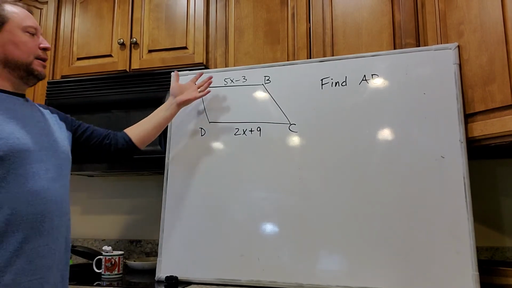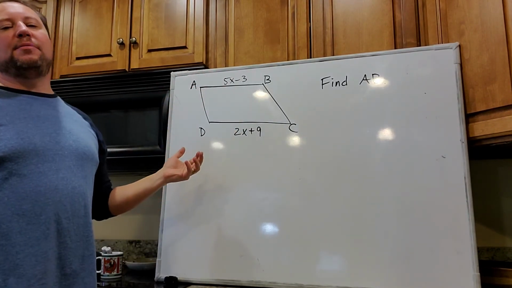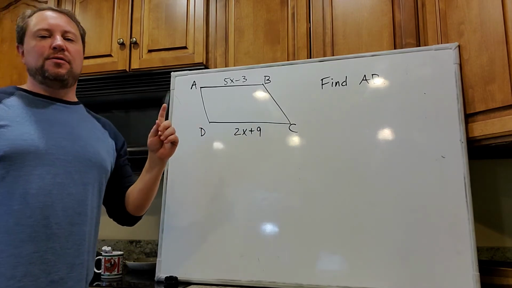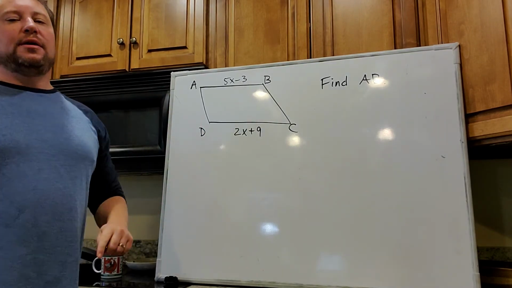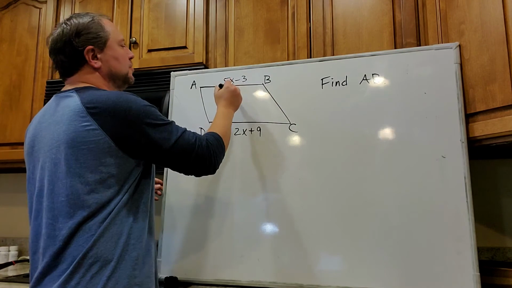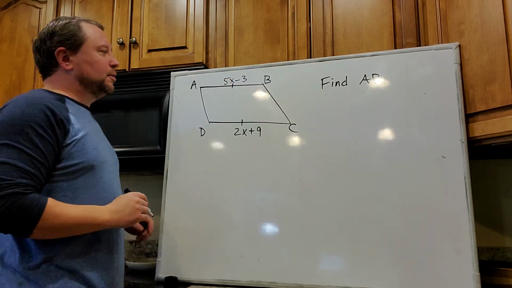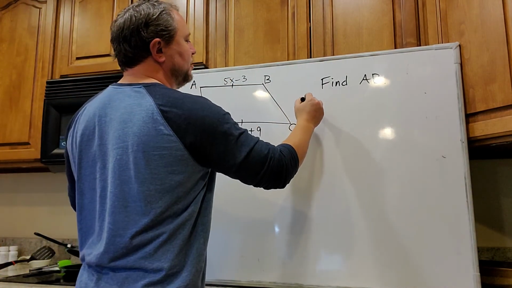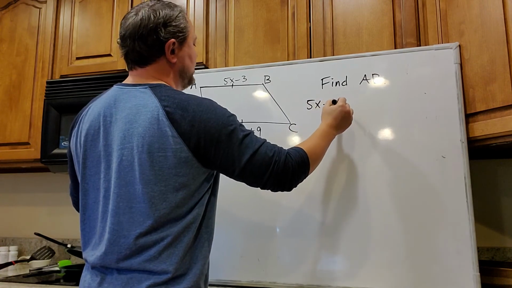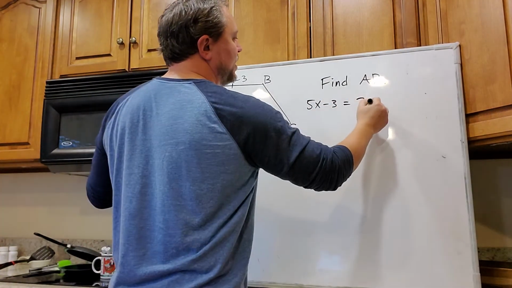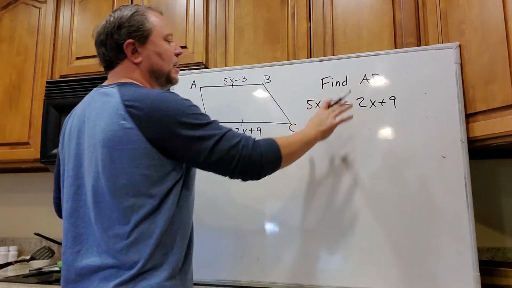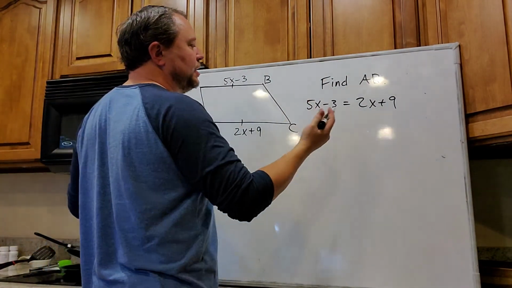Okay, well, in a parallelogram, not only are the opposite sides parallel, but remember, according to Theorem 6.1, those opposite sides are also congruent. So I would set those equal to each other. I'd say 5x minus 3 equals 2x plus 9, and I would solve for x. Simple algebra here.